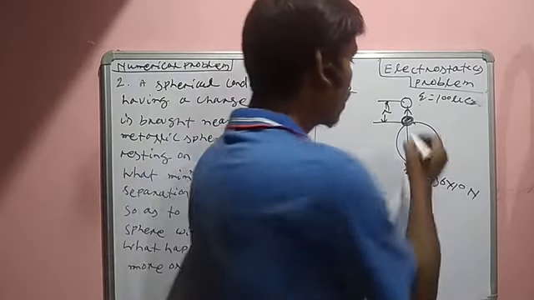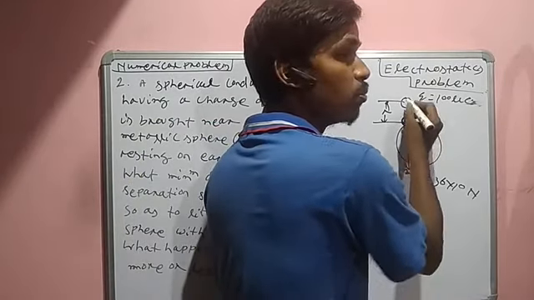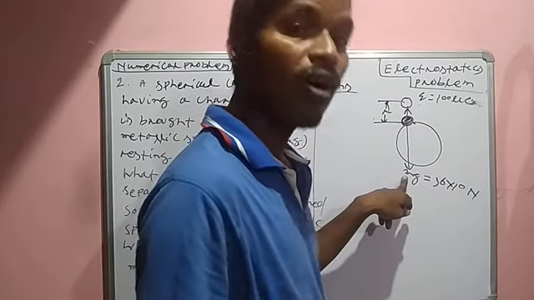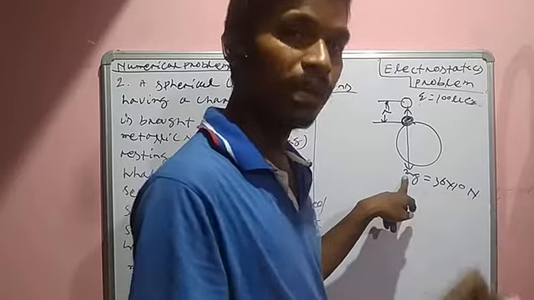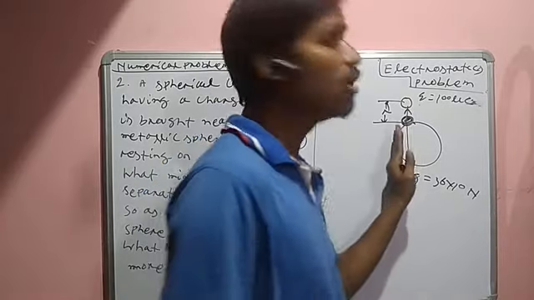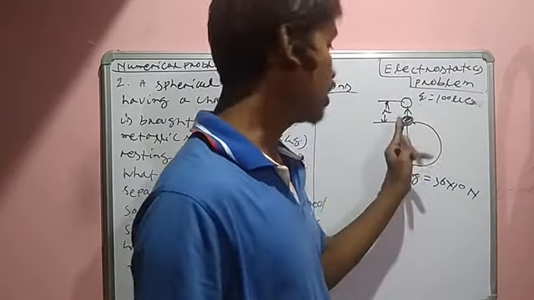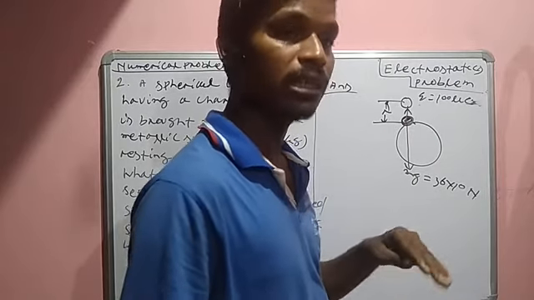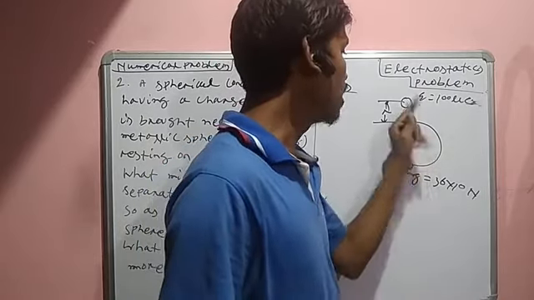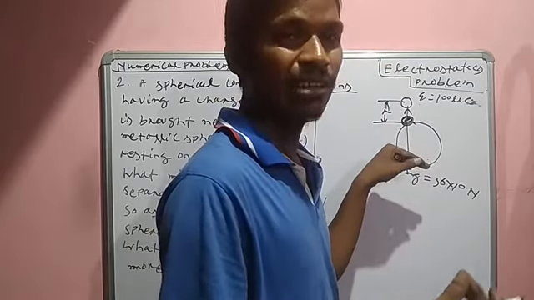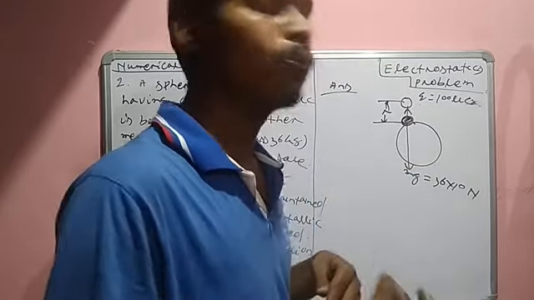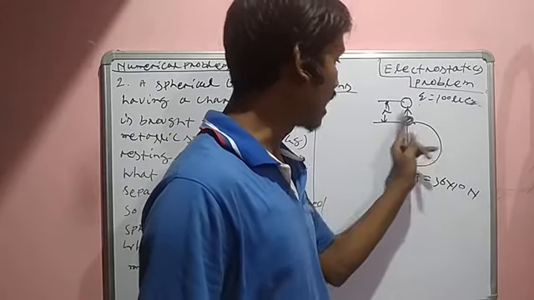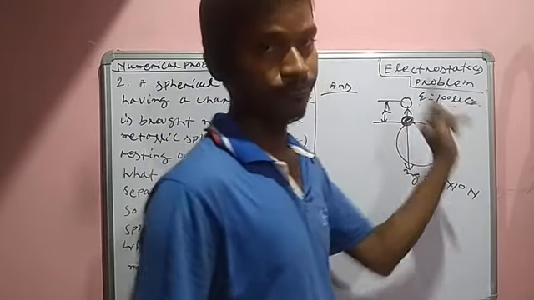That means this force is equal to the weight, or slightly greater than the weight, and then the body tries to move upward. But we have to take this force as equal to the weight, then the body tries to lift in the upward direction.